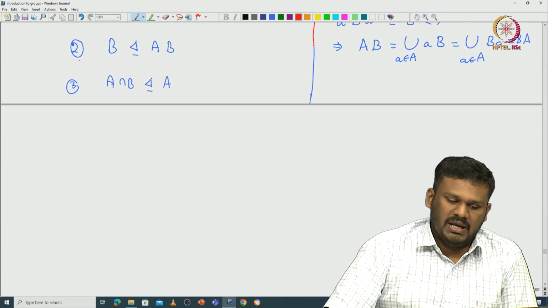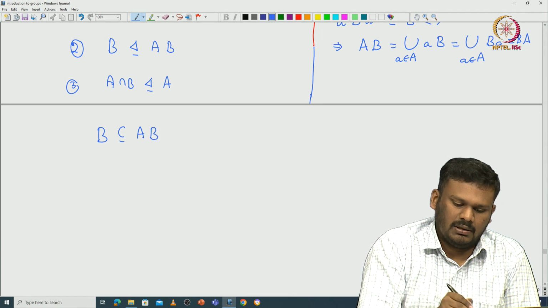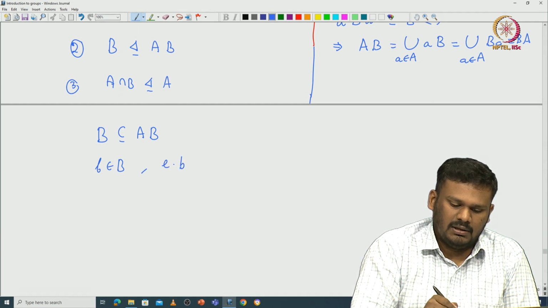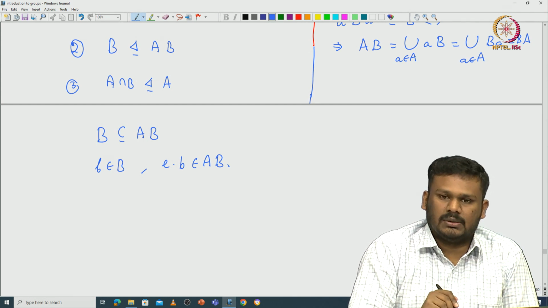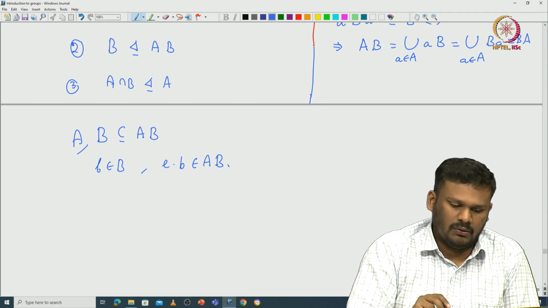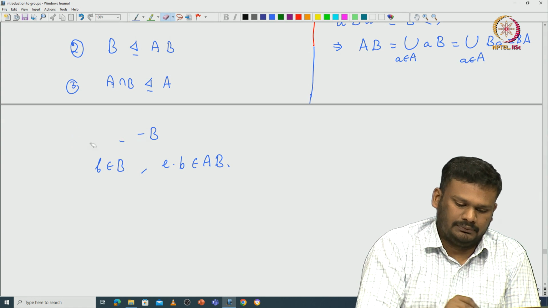Now look at B. Note that B is obviously a subset of AB, because you can write any element b in capital B as identity times b, which is in AB. Similarly, A is also a subset of AB. Now we want to say that B is indeed normal.